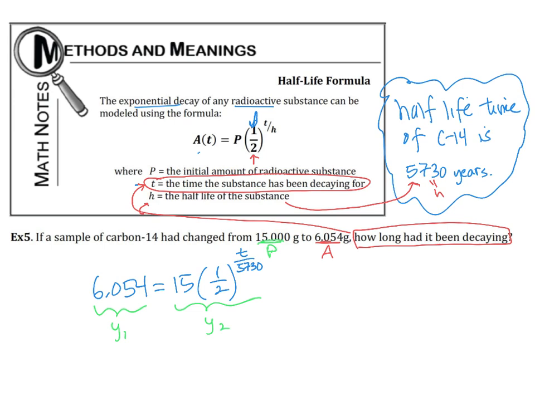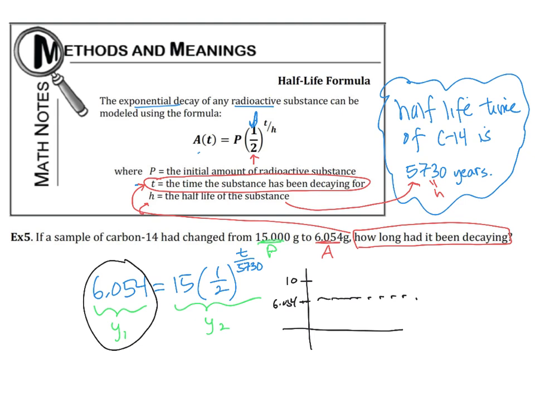So try that now. Put in y sub 1, y sub 2. Now this is telling you what your y-axis should go up to, so I would probably go from 0 to 10, knowing that your 6.054 is going to be here, and you're going to see where that intersects this model right here. So what is that going to look like? It's decay. So go ahead and plug it into your calculator, pause, and then come back when you get your answer and check it.